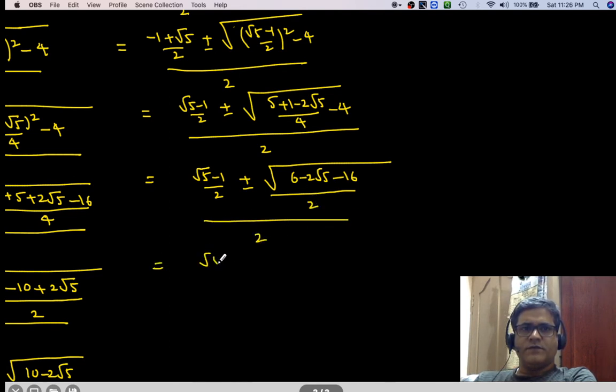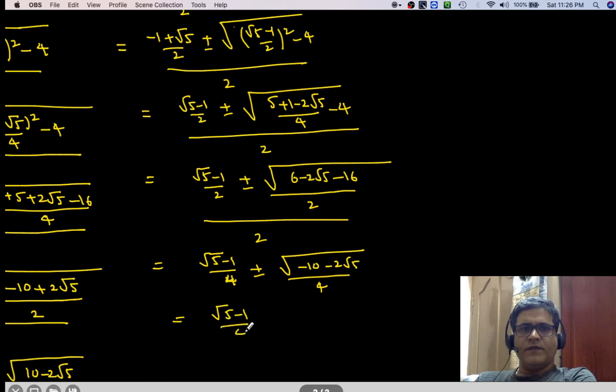This equals (√5 - 1)/4 ± √((-10 - 2√5)/4).